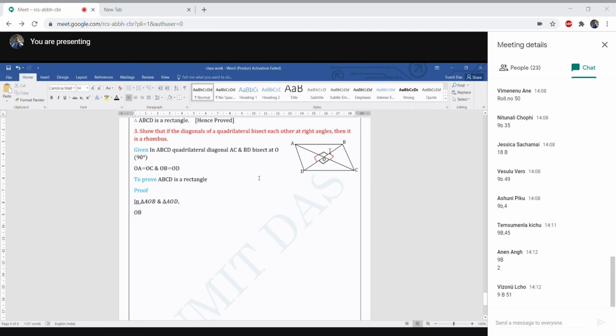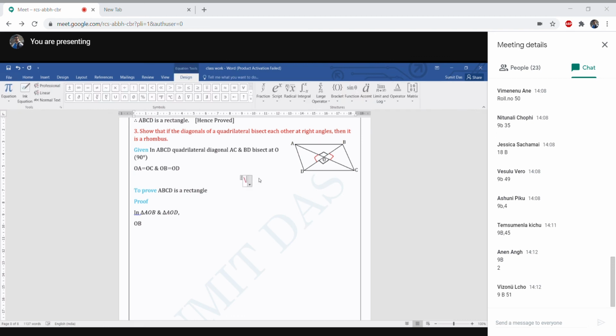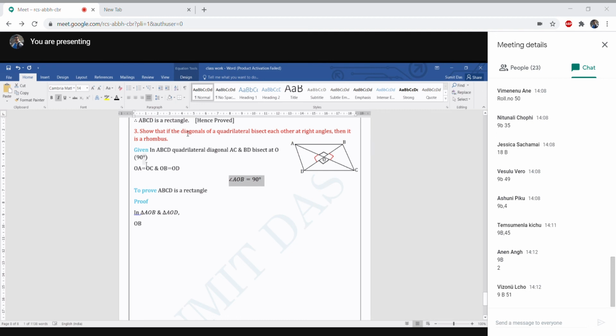Just for information, angle AOB equal to 90 degree means all angles are 90 degree. Okay, that I'm not writing. We have to prove ABCD is the rhombus. Now no construction is there.